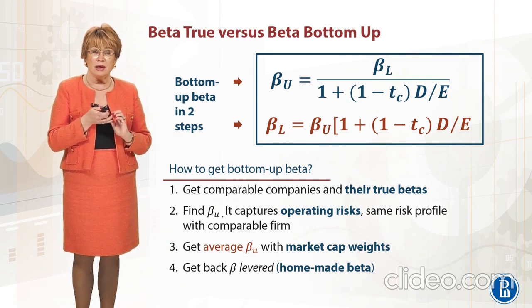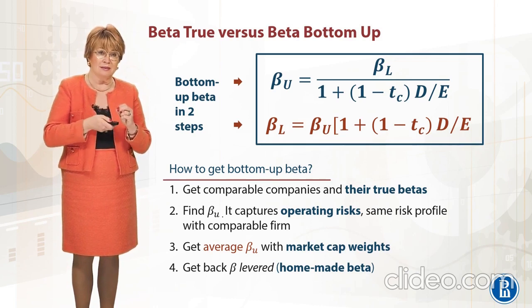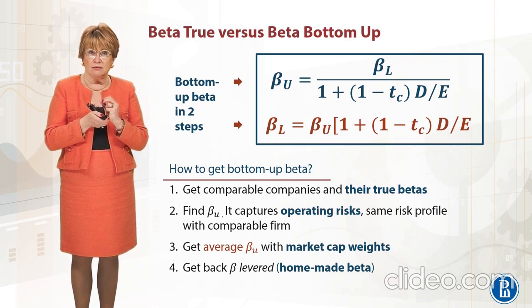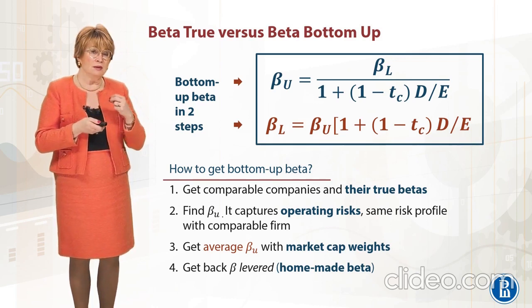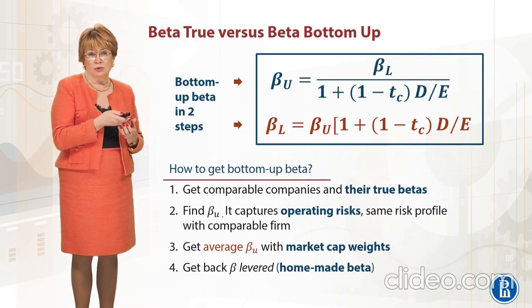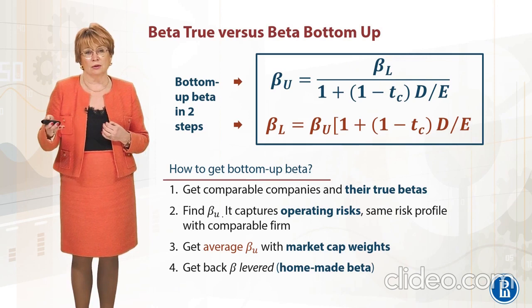So we think that the true beta of that publicly traded target company cannot be reasonably applied in our investment analysis for the future because the company is going to change operations, change products, change technologies.